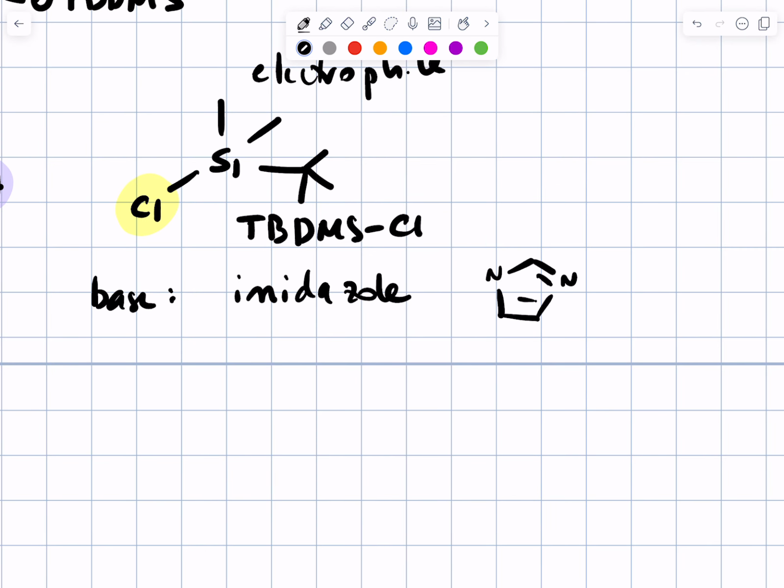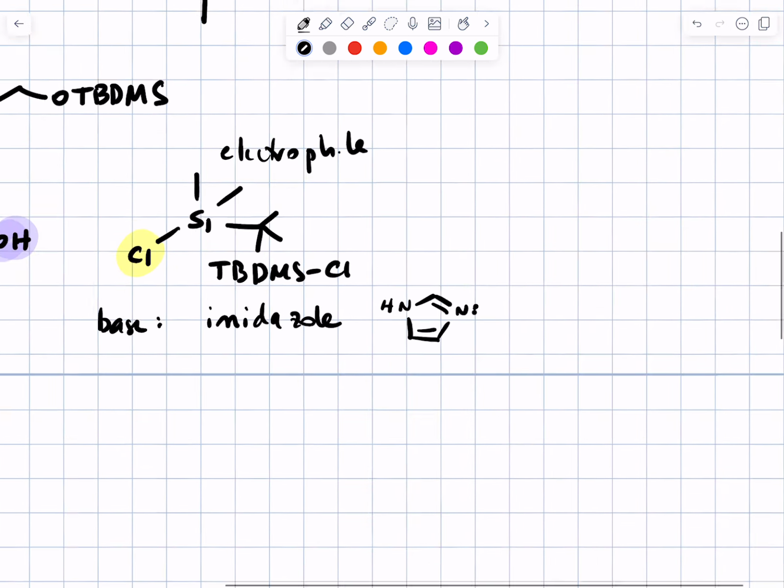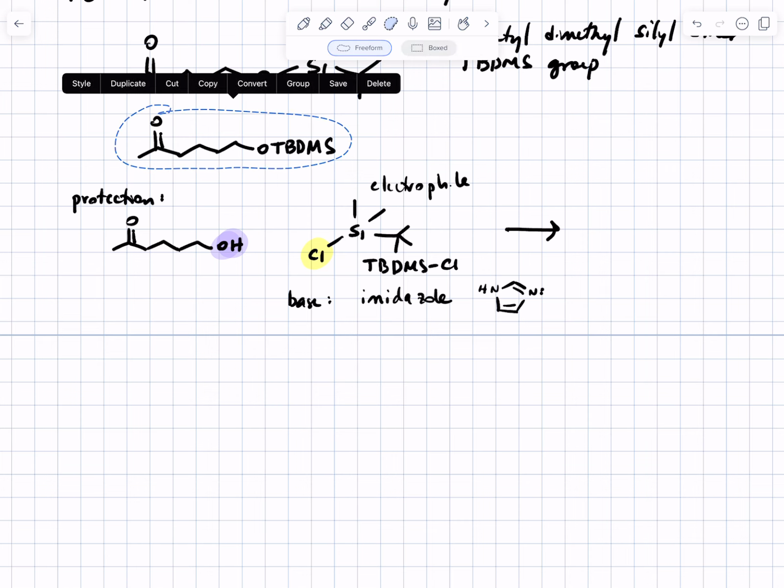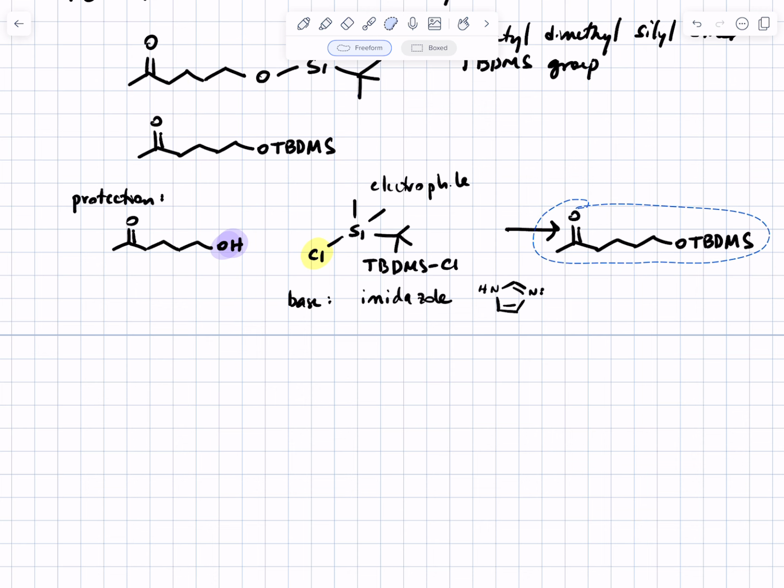It's a 5-membered ring containing nitrogen, and the basic nitrogen is right there, lone pairs on that nitrogen. We'll encounter imidazole again in our chapter on aromaticity, when we'll have a little bit more to say about why it's basic. But those are the conditions, and you put those two reagents together with your alcohol, and very fast, and in basically 100% yield, you get your tert-butyl dimethyl silyl ether.